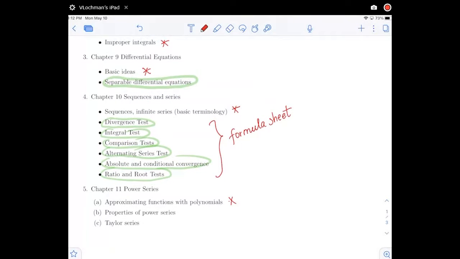That one is not necessarily needed. Again, it is part of properties of power series and Taylor series anyway. But you do not need to go back to, let's say, the homework for that particular section. That's fine. Properties of power series and Taylor series expansion, those we definitely need to review. Having said that, students do pretty well on this last section normally. And again, you can put all of this on the formula sheet as well.